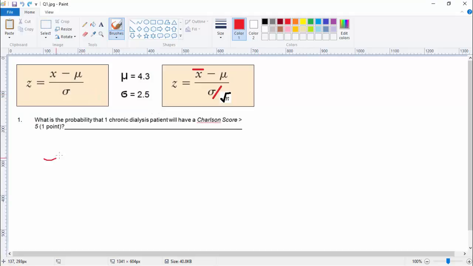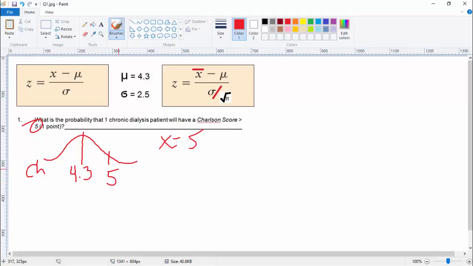But again, we have to go through all our steps. So draw the picture. Charlson, middle, and this is going to be 4.3. And then what's x? X equals 5. X is in the question. We already decided we're using the left equation. Where's 5? It's up here somewhere.